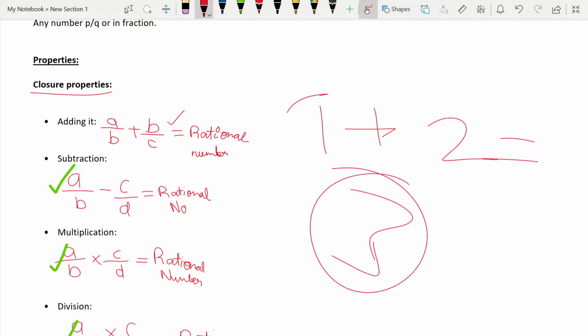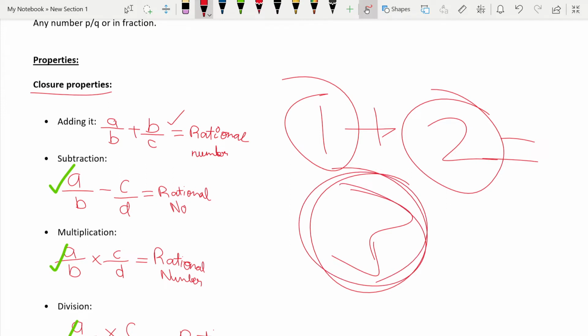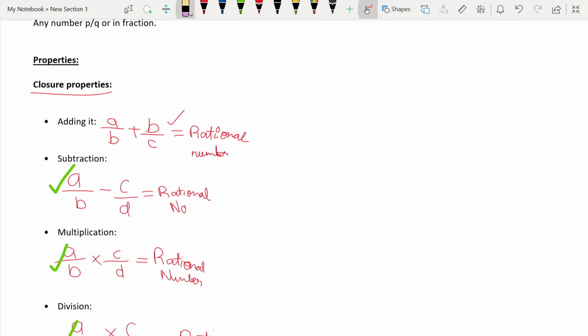Now 1 is a rational number or an integer or a whole number, all of those. And 2 is also a natural number, rational number, and all those integers. So 3 is also a natural number, integer, or a rational number. So this is what this property is about.